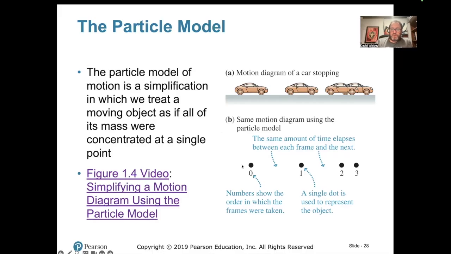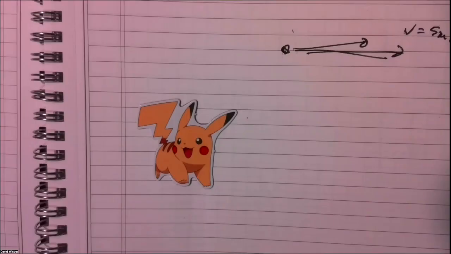And so here, instead of drawing a car, we're just going to draw these dots where the center of mass was. Then we put one every place where the car was at a specific time. And so we can see here that the distance between these dots is getting shorter. And so the car is slowing down.